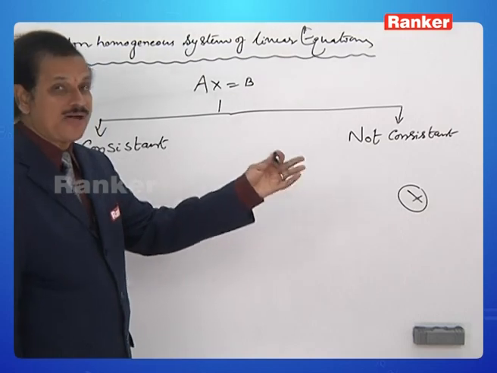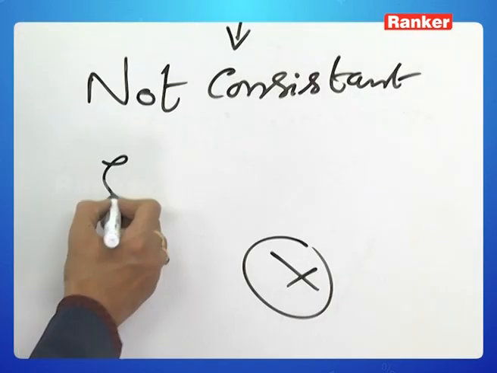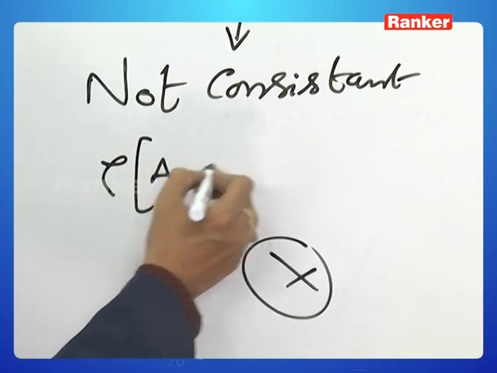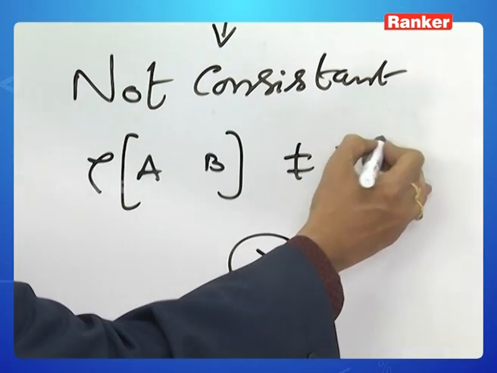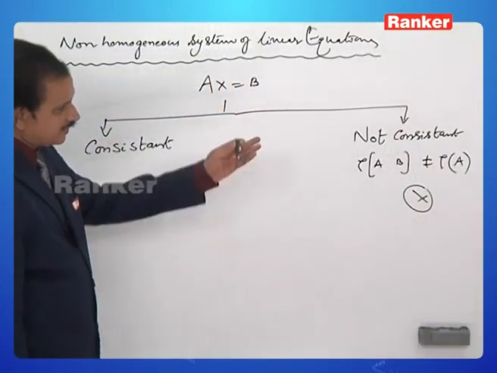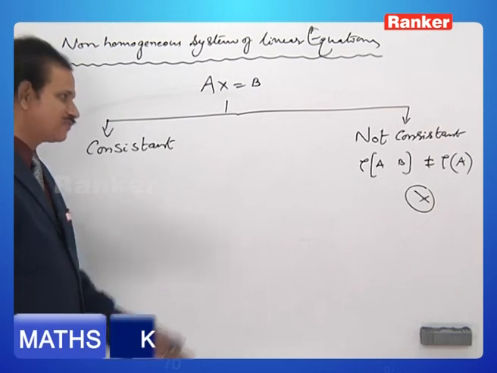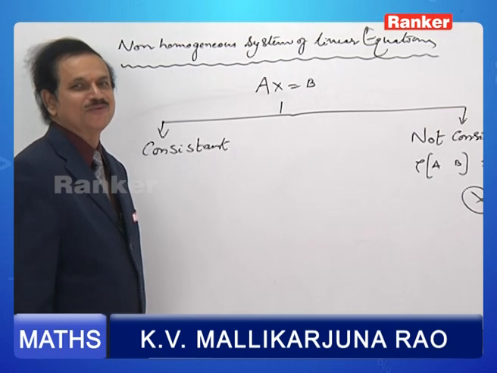Okay, how to identify that the system is not consistent? Rank of augmented matrix not equal to rank of coefficient matrix. If that happens, you are supposed to find two ranks. Yes, of course. But actually we do not find.